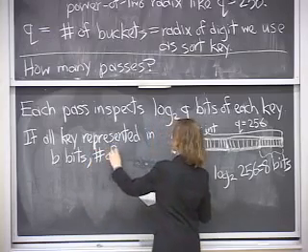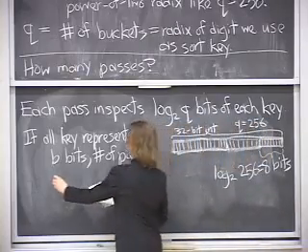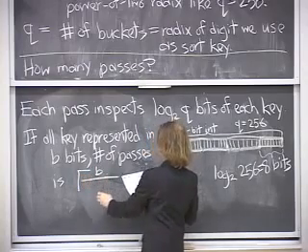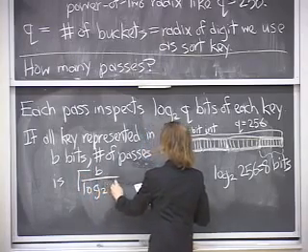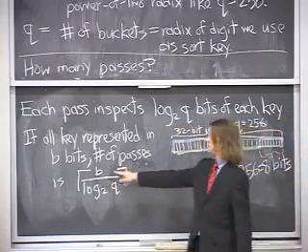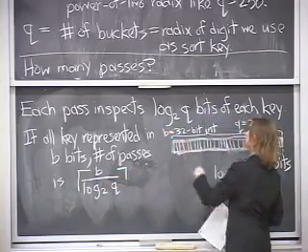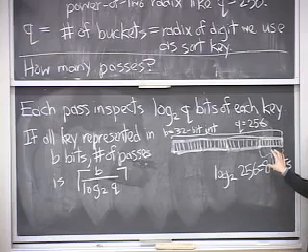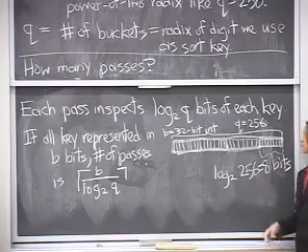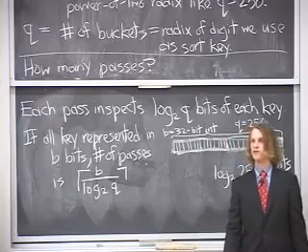Then the number of passes is the ceiling of B over log 2 of Q. So again, the idea is you just take the length of the thing you're sorting, that's B, and you divide it by the number of bits that you can inspect in one pass, which is log 2 of Q. And I take the ceiling because you can't do a fractional number of passes.